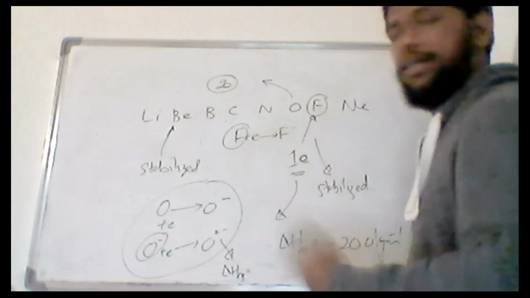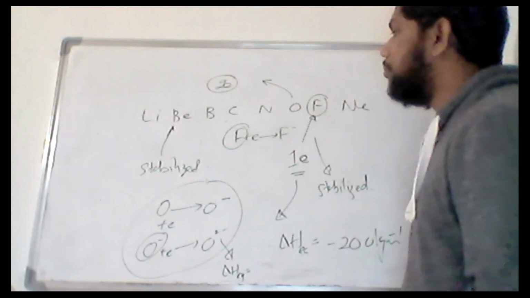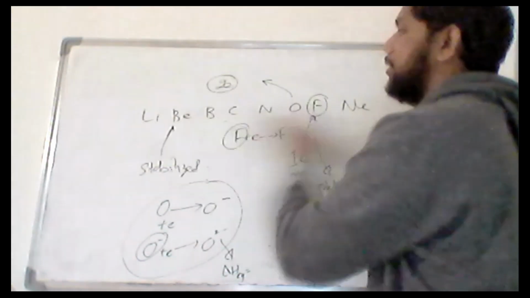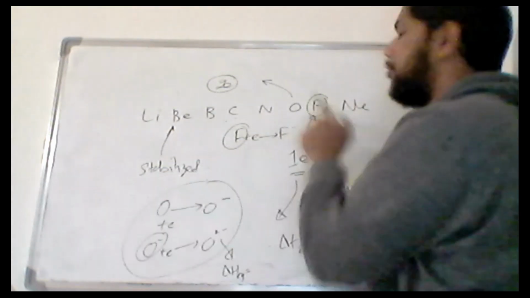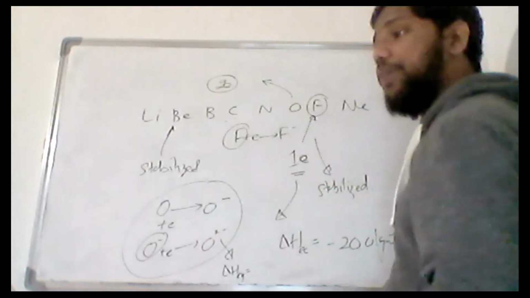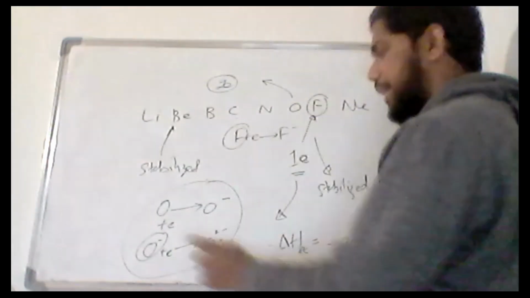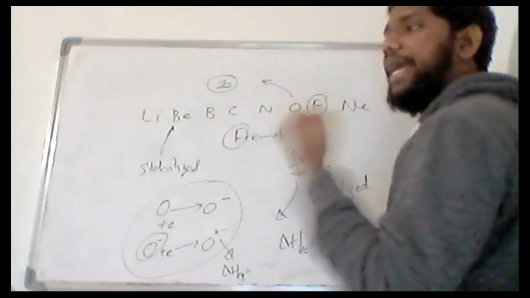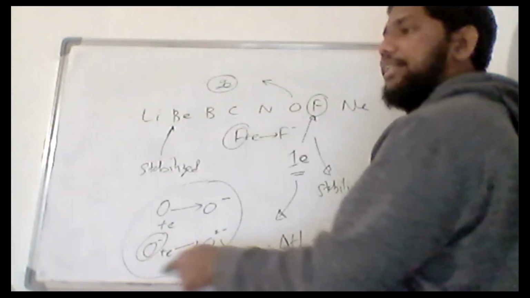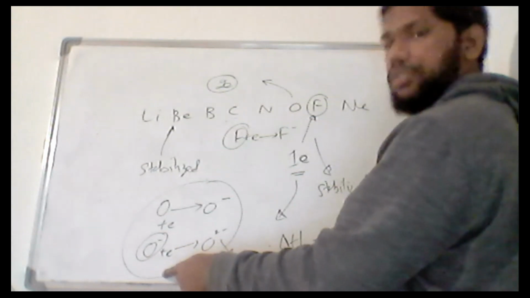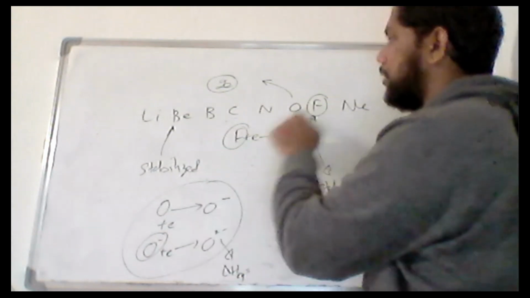Get the idea. For most of these elements it is true that fluorine will have the highest negative value, but for oxygen it will consume some energy for this electron-electron repulsion. That is why these are all negative.